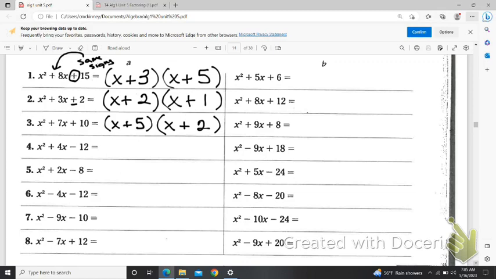All right, we get our first challenge on number 4. In number 4, as soon as I see that this is negative 12, I know the signs have to be different. I still have x and x, but I know the signs have to be different.